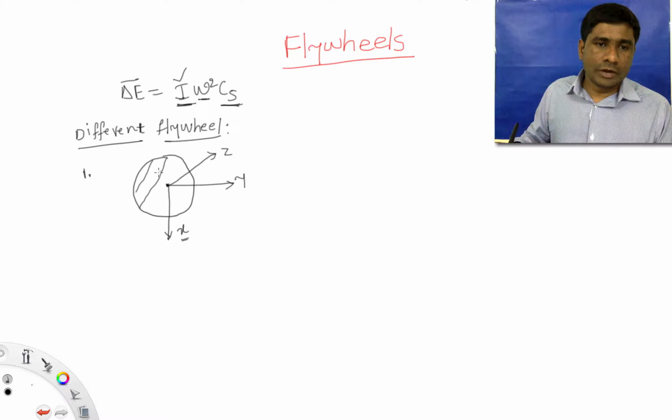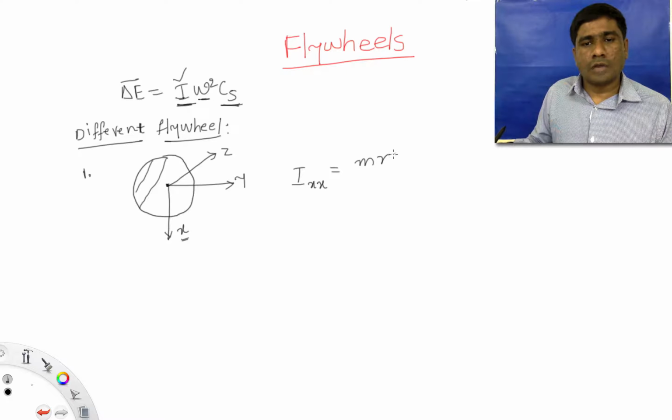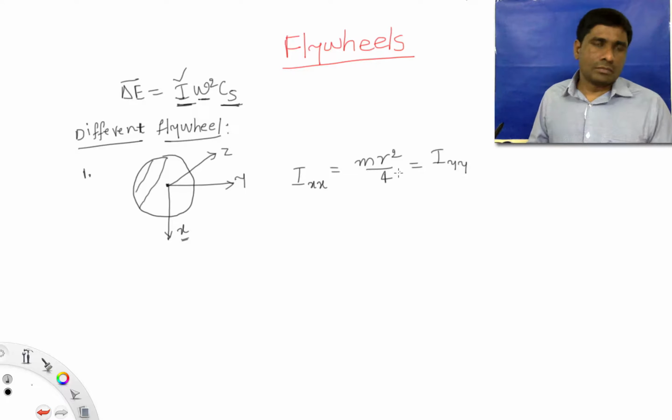And for a disc, we already derived that Ix equal to m r square by 4, that is equal to Iy. These formulas we derived in engineering mechanics, so here we directly take the formula without going into much detail.